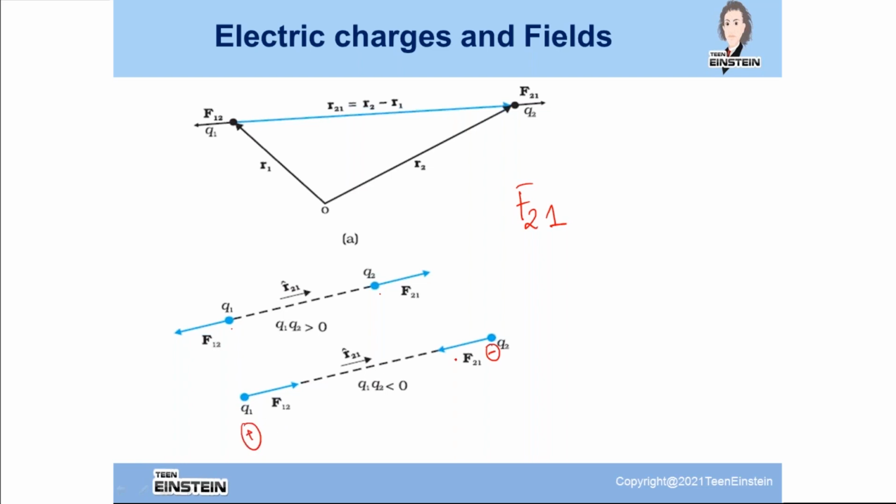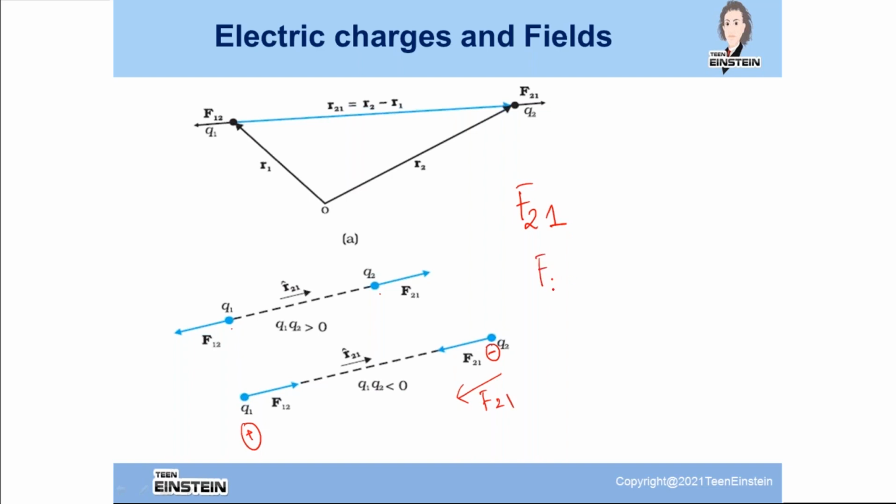Q2 is negative here and Q1 positive, so both will be pulling each other. The force on charge 2 due to 1 will be in this direction, that means 1 is pulling the charge 2. This is the F21 direction now.